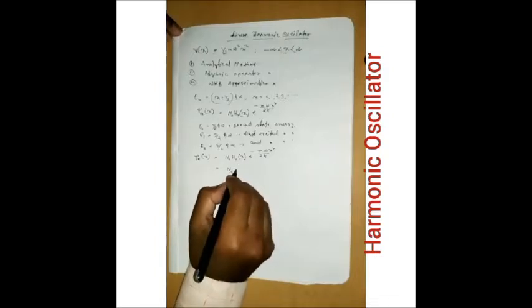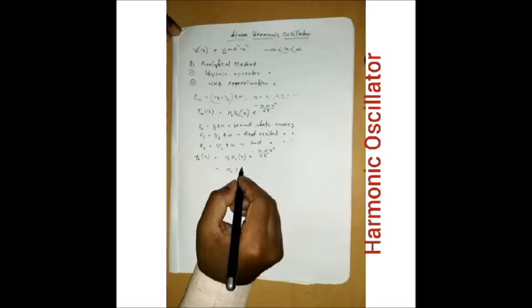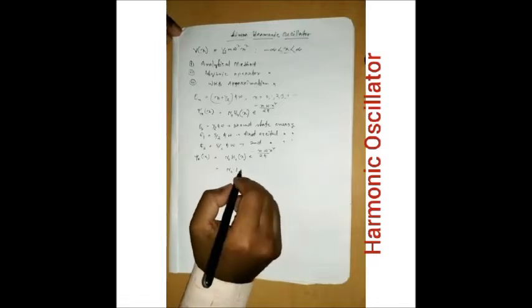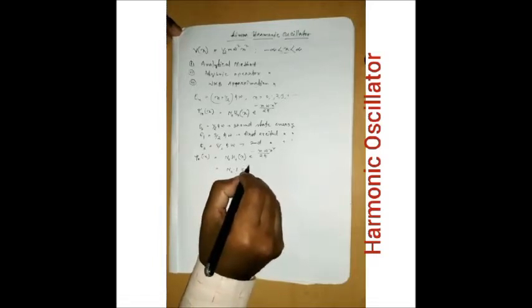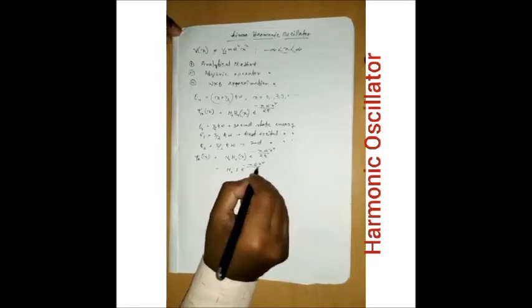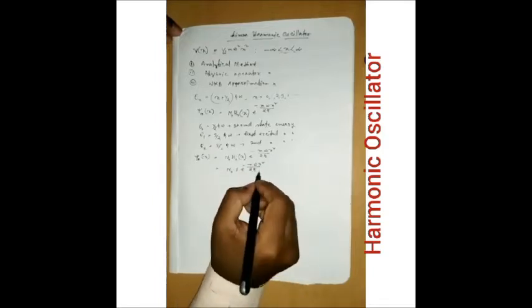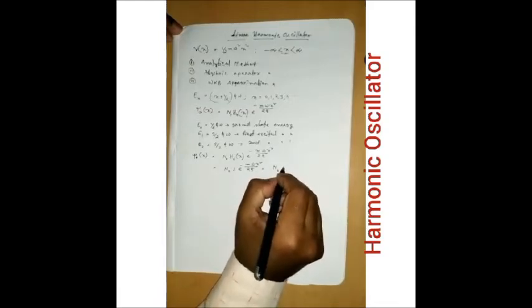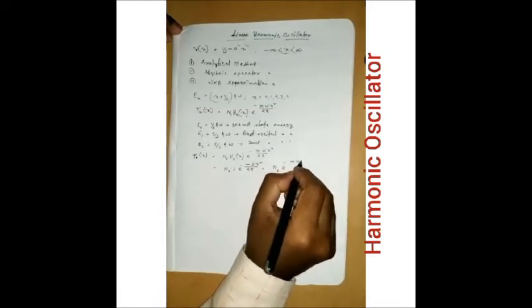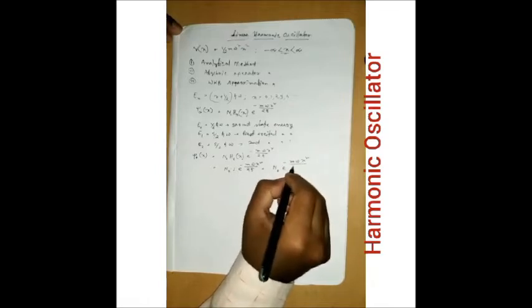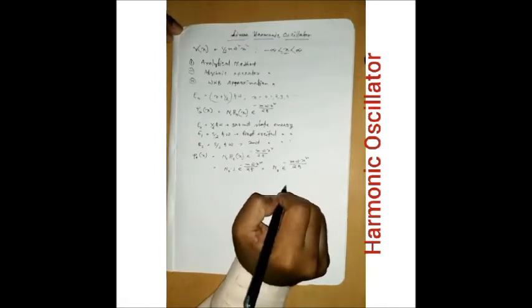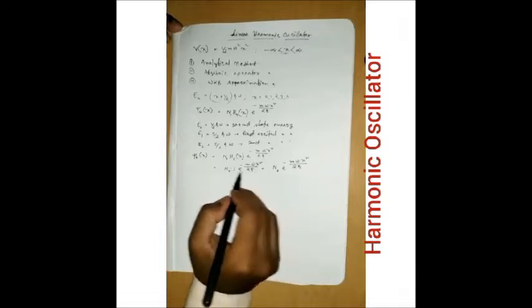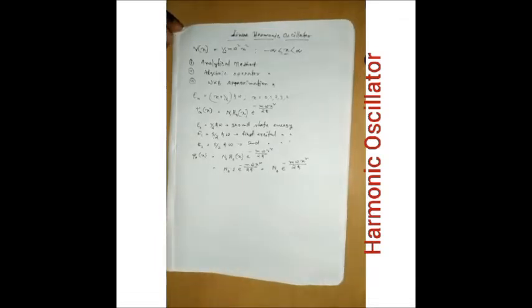That is 1. That means the Hermite polynomial, by using the Rodrigues formula, you can find out. So in this way, one can find the solution: the normalization constant times e to the power minus mωx² upon 2ħ. Clear? So for finding the normalization constant, you can take the condition of normalization.